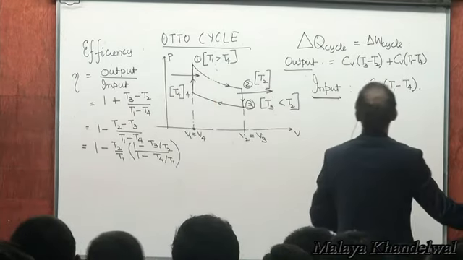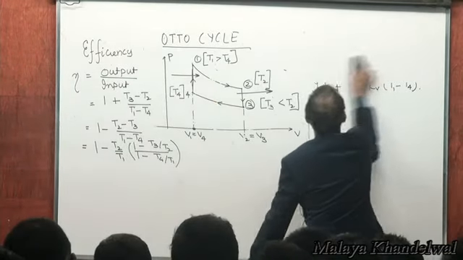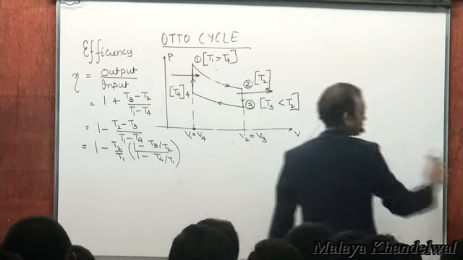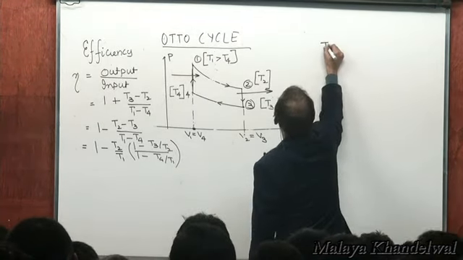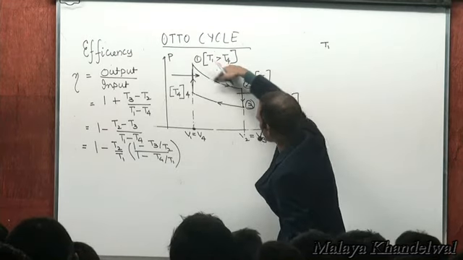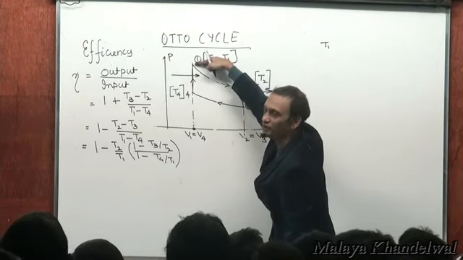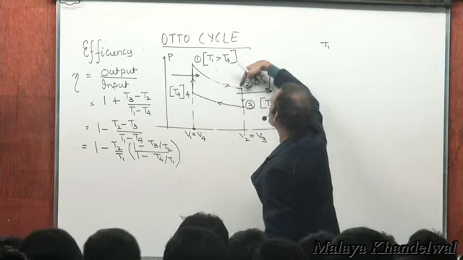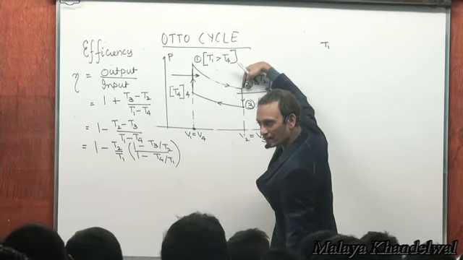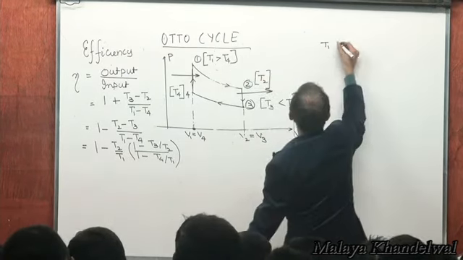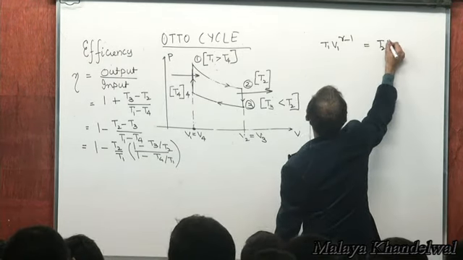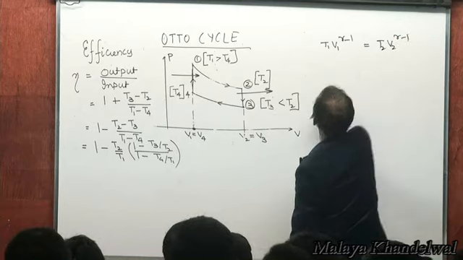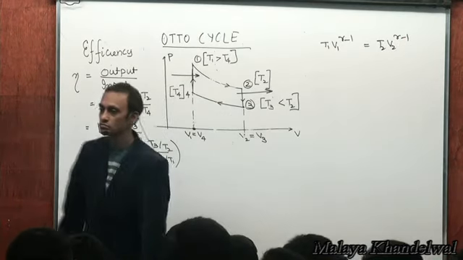Now, see, I apply the adiabatic law between 1 and 2. T1 V1 to power gamma minus 1 is T2 V2 to power gamma minus 1. That's for the adiabatic process 1, 2.